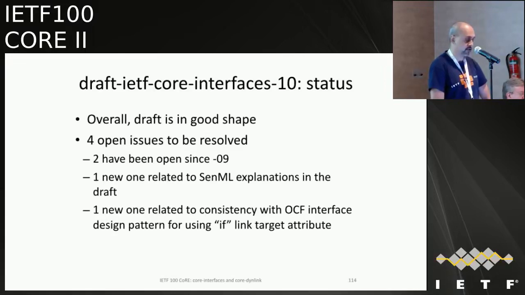In the interfaces draft, at least, a couple of them have been open since the last version. And there are two new ones. One is basically to align the examples with what's happening with SenML. And then the other one that Michael raised was regarding some consistency with the OCF interface pattern for using the interface link target attribute.